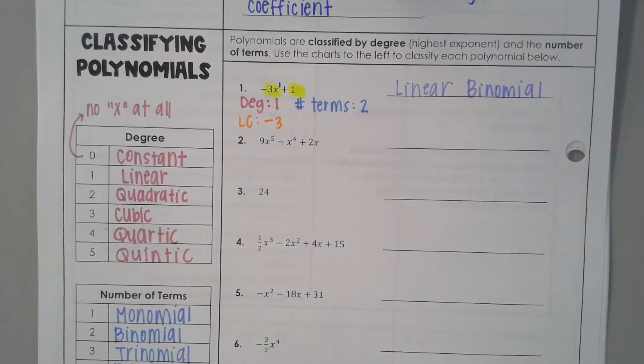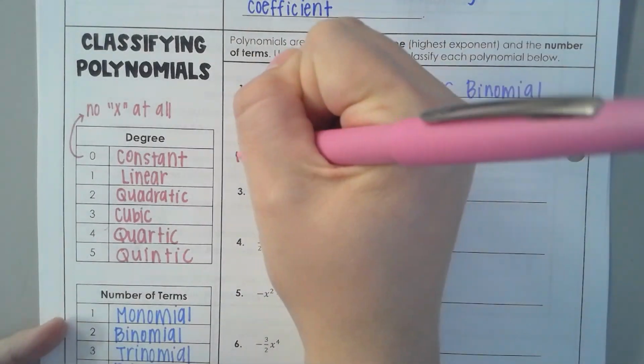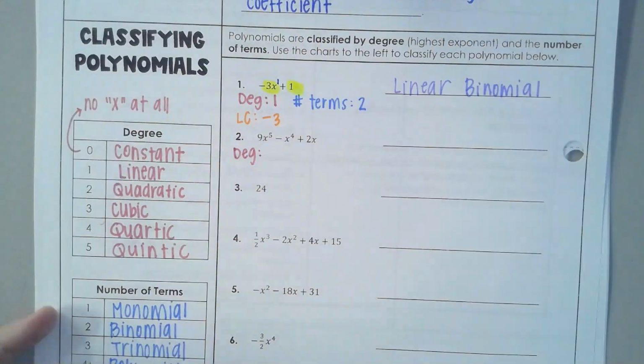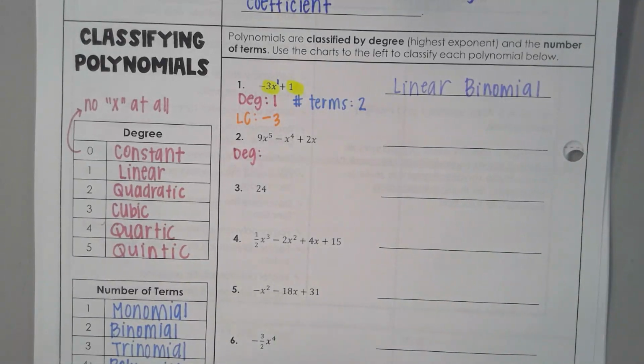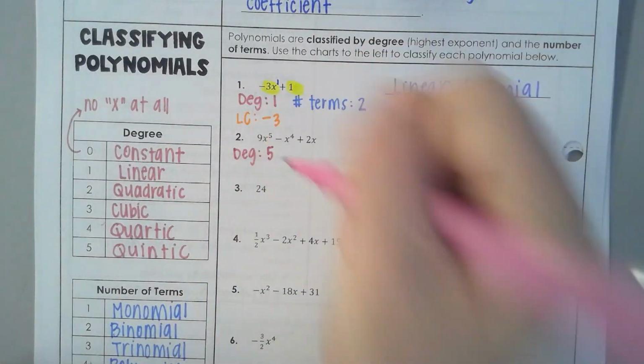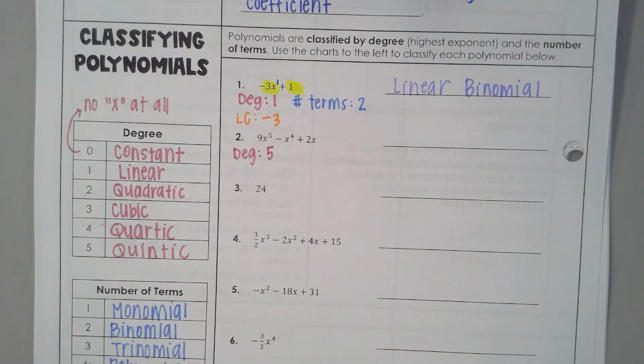Number 2. What is the degree? 5. Of all the exponents, the largest one is 5.